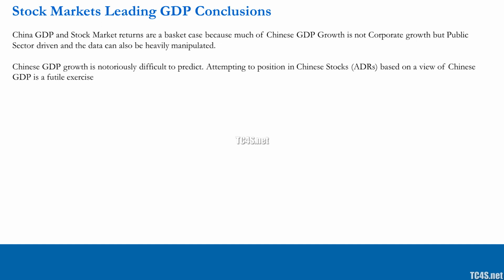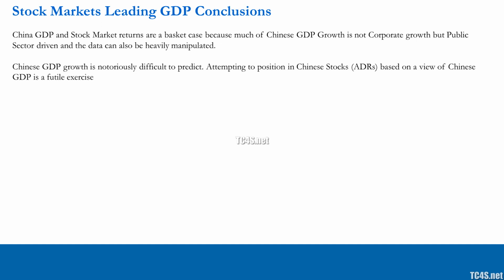Why? Well, because much of the Chinese GDP growth that occurs is not corporate growth. The government has a hand in everything, okay? It's very much public sector driven. And the data can also be heavily manipulated.